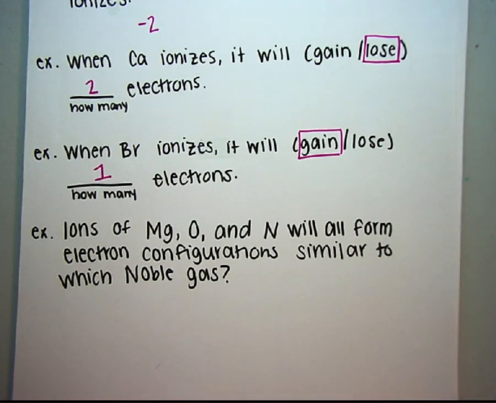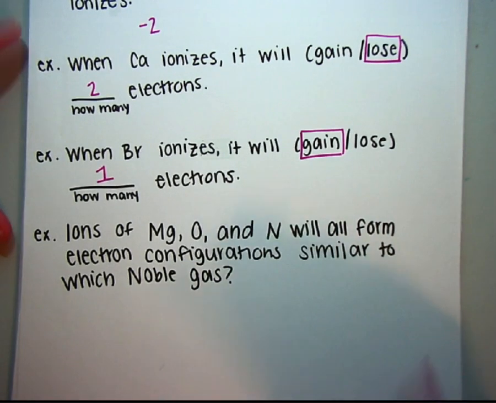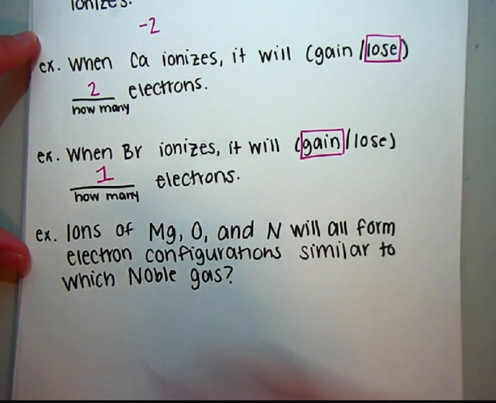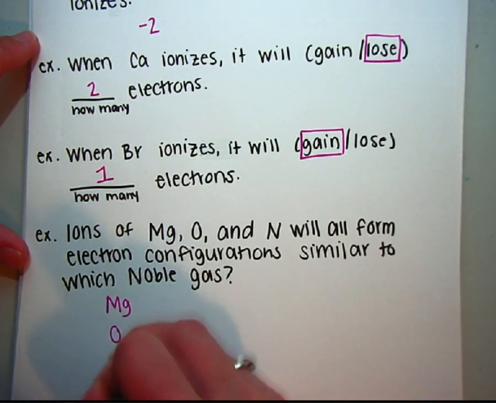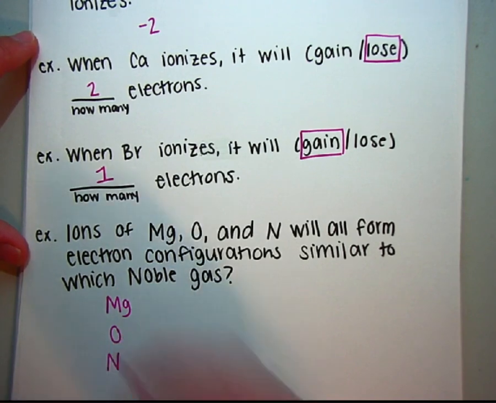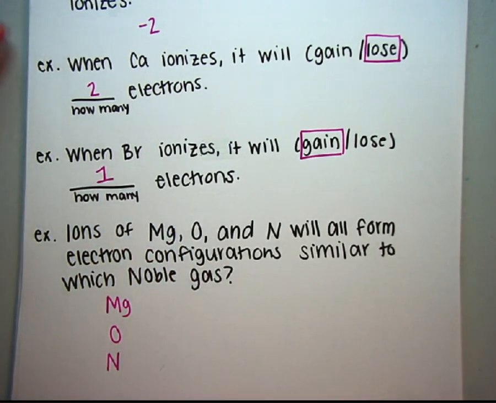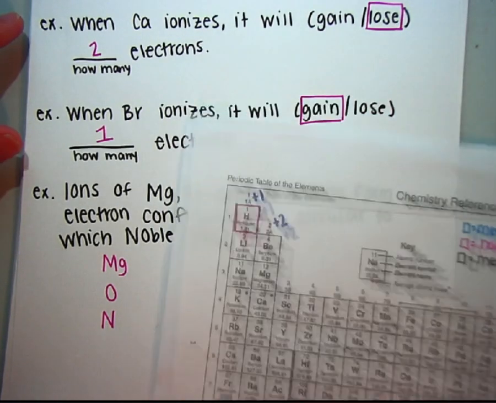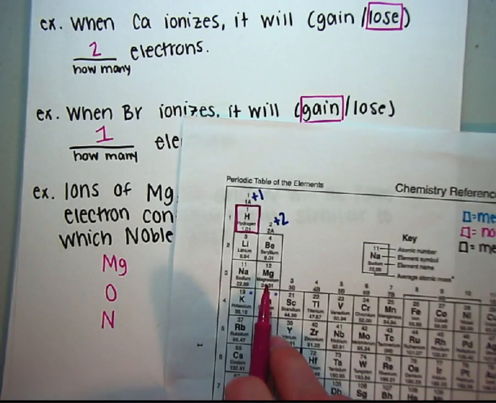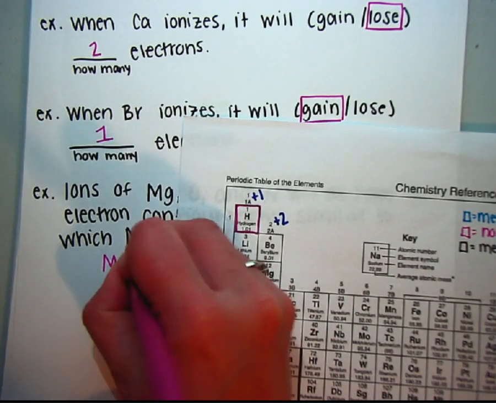Last one. Ions of magnesium, oxygen, and nitrogen will all form electron configurations similar to which noble gas. So what I would do for all of these is figure out their charge. Once you know their charge, we can figure out how many electrons they have as ions. So magnesium is in group 2. Its charge is +2.